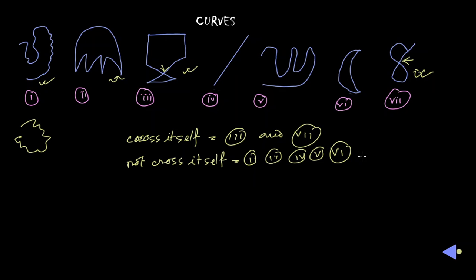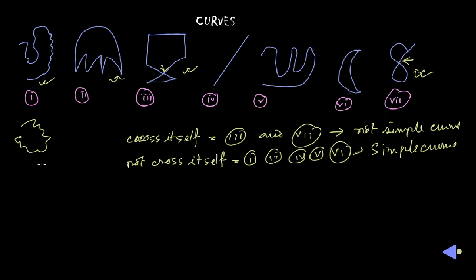Those are called simple curves. Why are they called simple curves? Because they don't cross themselves. And the others are called not simple curves.